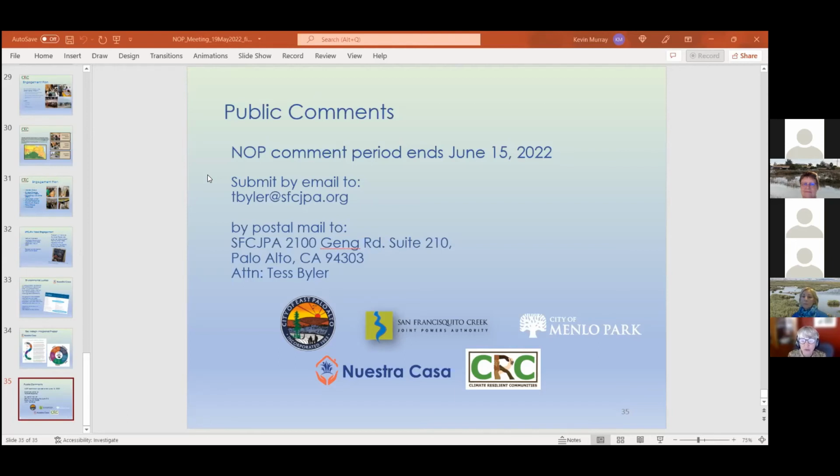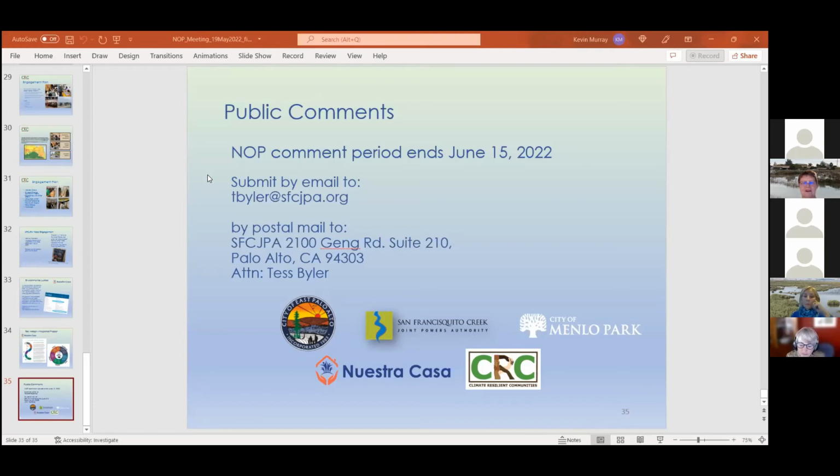The EIR will certainly consider wear and tear on roadways, especially those that are not designed to handle this level, since I know you'd like to see that addressed in the EIR. There are different ways to do that, and if you have particular thoughts, we'd certainly welcome your comments on that. That might be something better submitted in writing to get into the details of that.